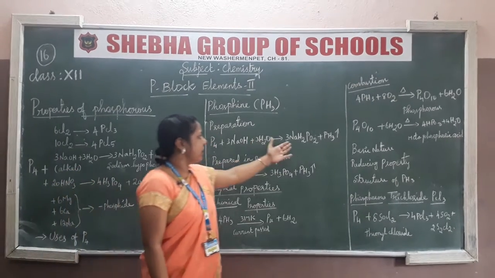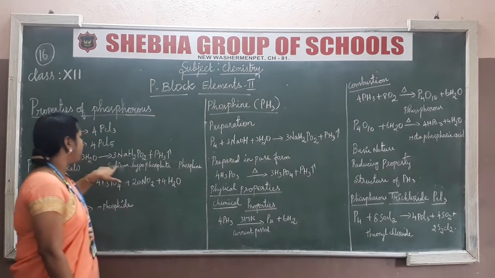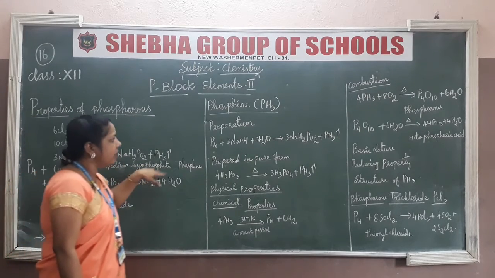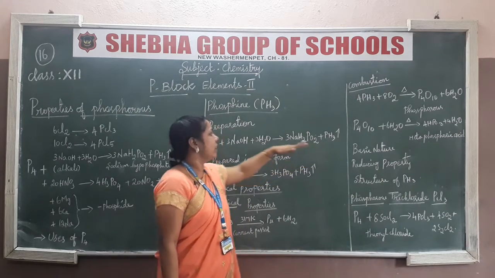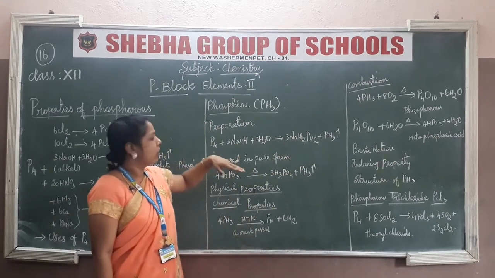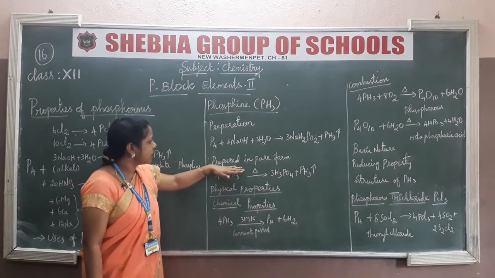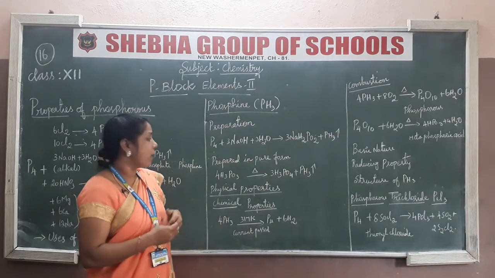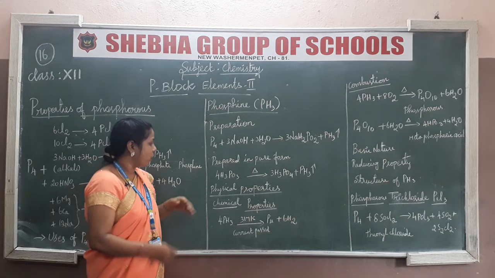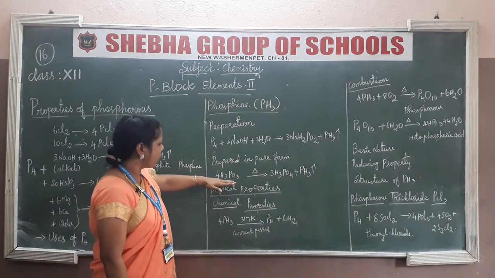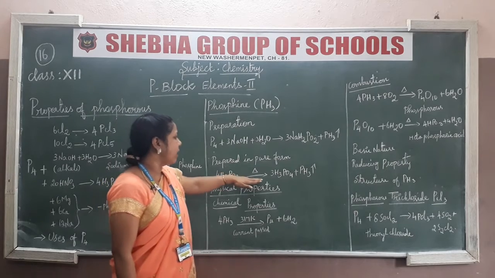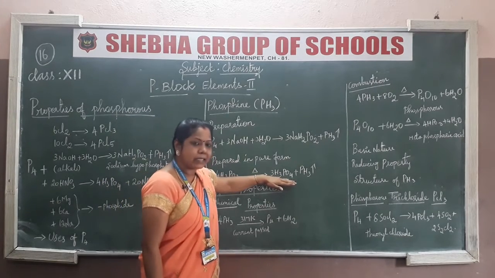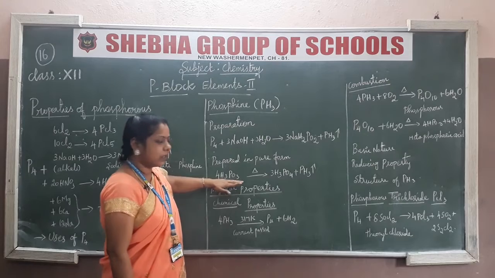So we can get NaH2PO2, sodium hypophosphite, and then the gaseous phosphine. Okay, this is the main preparation. And then we have to learn another preparation, important for phosphoric acid. When it is decomposed, which means heated, we can get phosphoric acid.